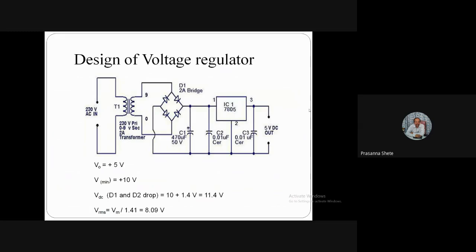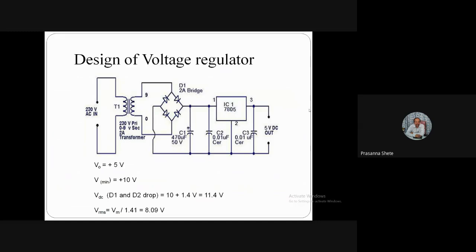And then you can see that we have a bridge rectifier with 4 diodes connected. Then we have a capacitance filter C1, C2. Then we have the voltage regulator IC 7805. So 78 indicates it is a positive voltage regulator and 05 indicates that the output will be 5 volts DC, positive DC voltage. And then C3 is the capacitor again used at the output to nullify the ripple if it is connected at a particular distance from the source.